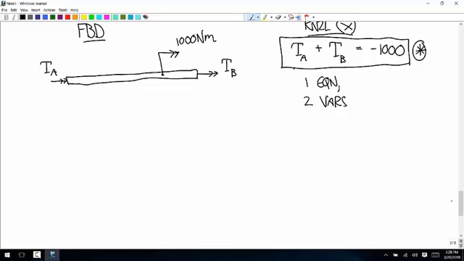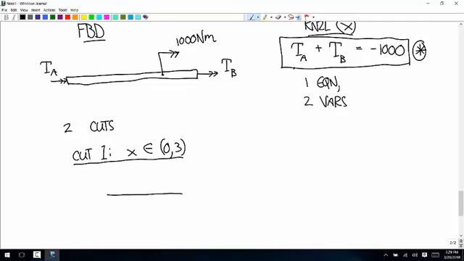So now what we have to do is calculate the internal torques. How many cuts do we have to make in this? 2, because we have the point torque. So our first cut is valid for x's between 0 and 3. We have this torque TA, and we haven't gotten to this 1,000 Newton meter torque yet.